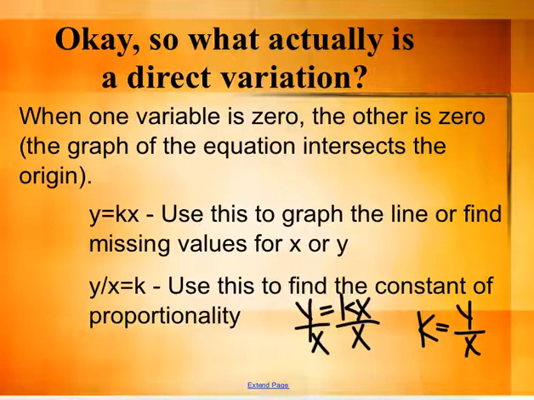If you want to think about this in another way, I said earlier that k is also the slope. Well, y here is representing the rise, and x is the run. And we also know that the origin is always on my graph. So I can say from the origin to my point, I want to find the rise and the run. That's k. That's my y divided by x.